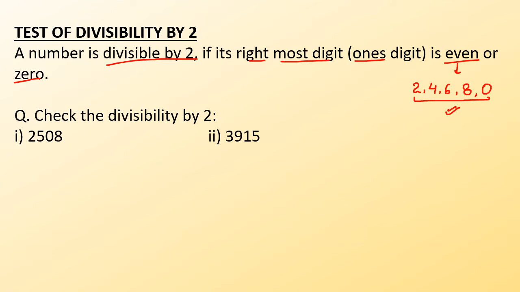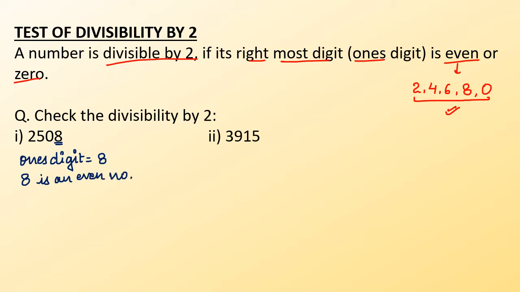First number is 2508. You can see at the ones place the digit is 8. Now 8 is an even number, which means it is divisible by 2.